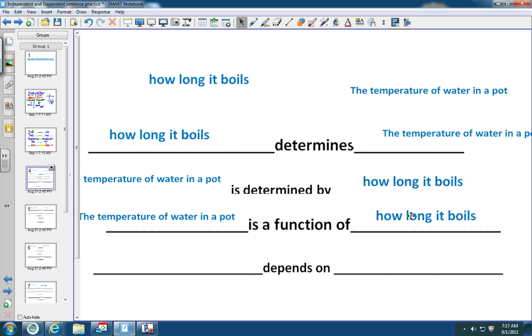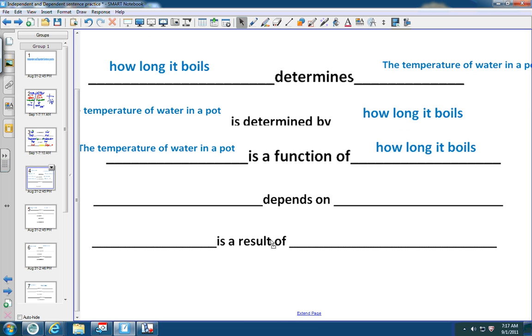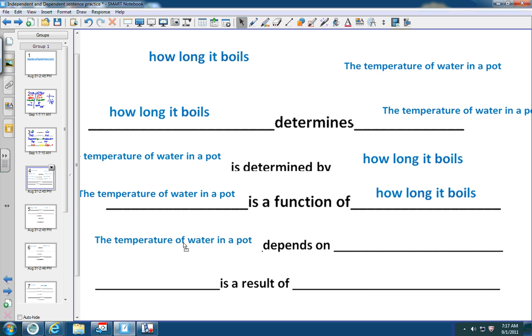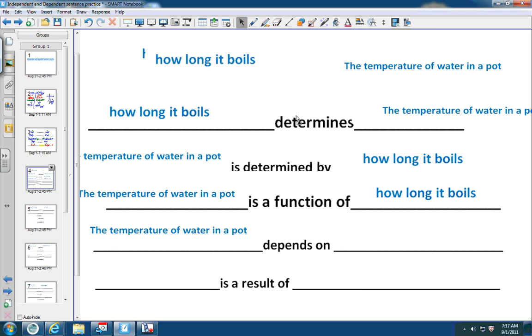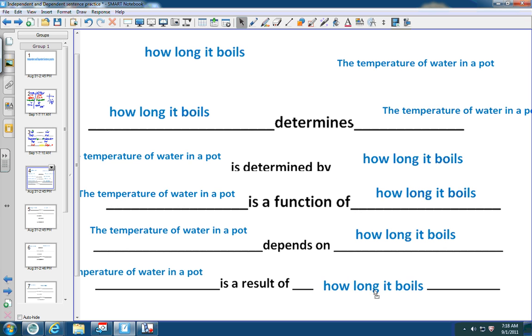Dependent, independent. Okay, depends on. The temperature of the water in the pot depends on how long it boils. The temperature of the water in a pot is a result of how long it boils.